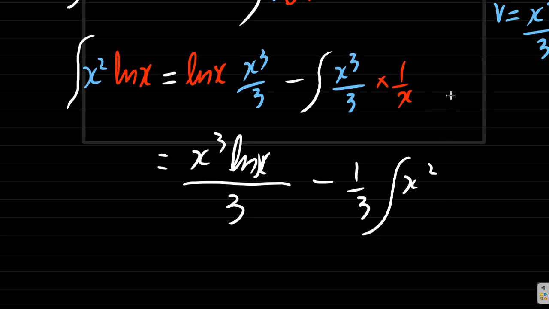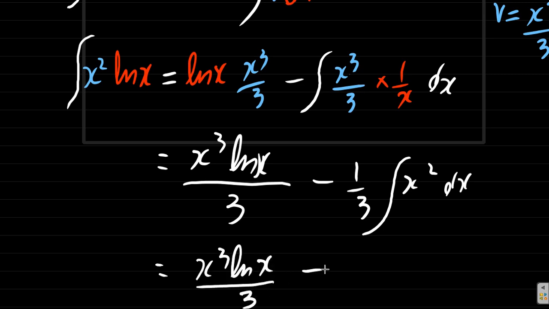So you see that. And you're integrating with respect to x, so let me just put dx here. So it's the integral of x squared dx. So here now, you have x cubed ln x over 3 minus 1/3 x cubed over 3 plus c.